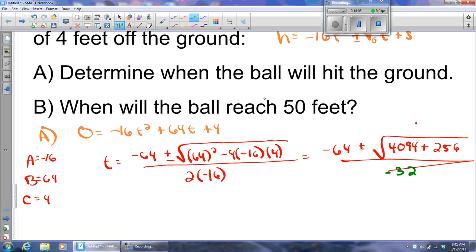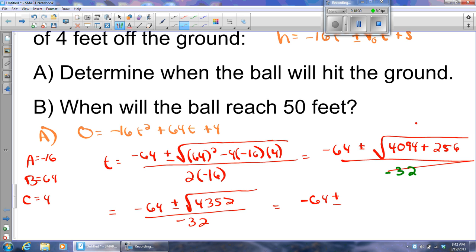So I've got negative 64 plus or minus the square root of 4096 plus 256, which is 4352, divided by negative 32. Taking the square root of 4,352, I'll get approximately 65.9696901, divided by negative 32.